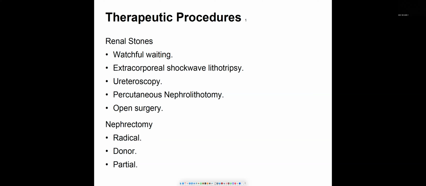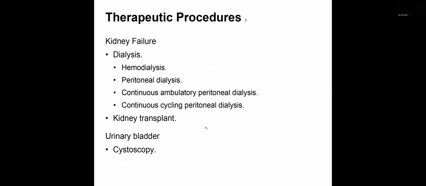Nephrectomy, when we look here, is basically used for different variations. So, for example, surgical removal of the kidneys. This can be radical, donor, or even partial. So, for people having kidney failure, what is the primary treatment? They have dialysis. Dialysis basically is a form of artificial filtration in order to purify the blood.